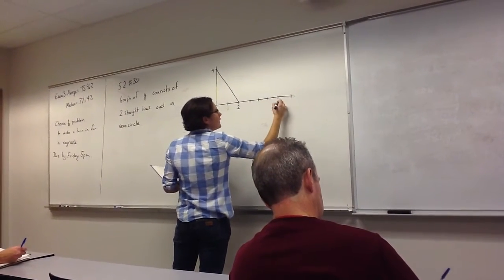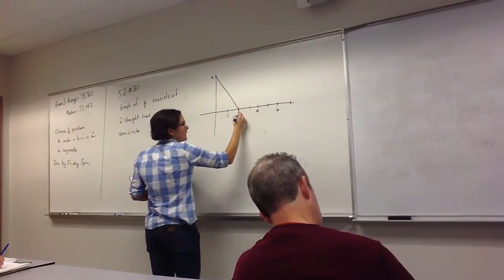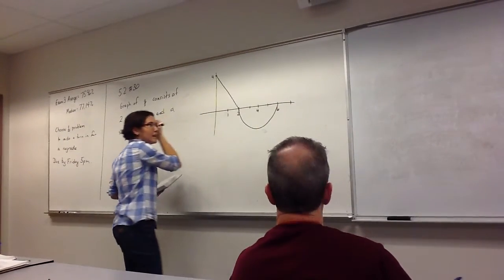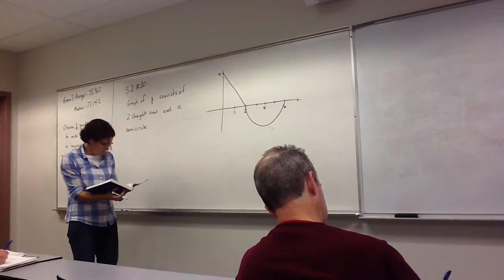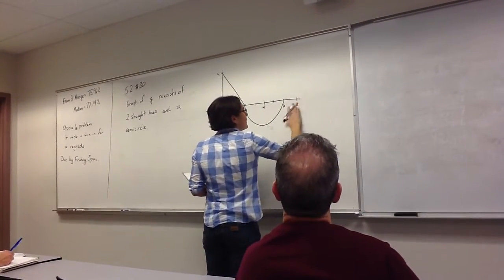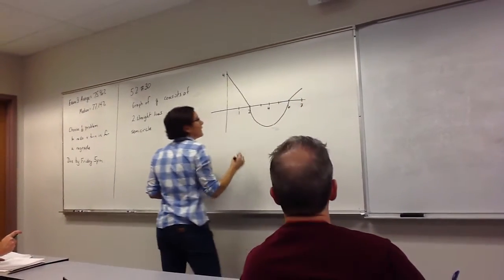Okay, and then we have some sort of a semicircle that's down here below the x-axis, and the semicircle touches the x-axis at 2 and at x equals 6. And then we have another straight line over here at the end.